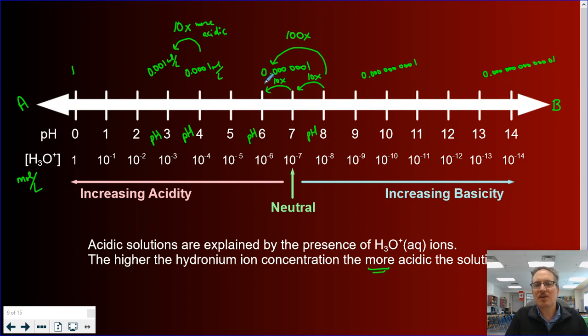Your pH of 6 is 0.000001, right? 10 to the negative 6. And your pH of 8 is 0.00000001, right? 10 to the negative 8. The difference between these two is 2 decimal places. That is, pH of 6 is 100 times more acidic than a pH of 8.